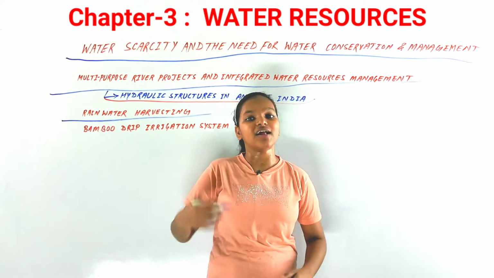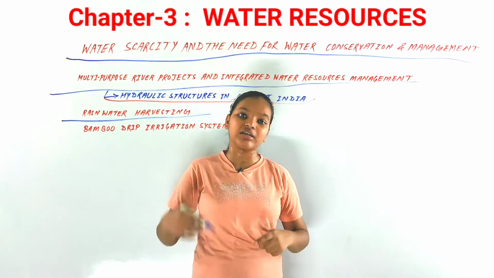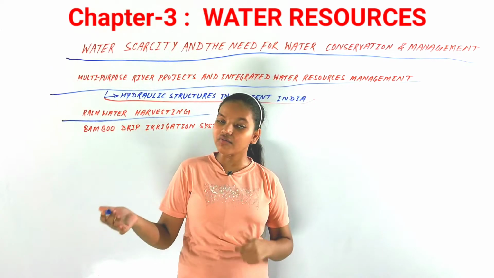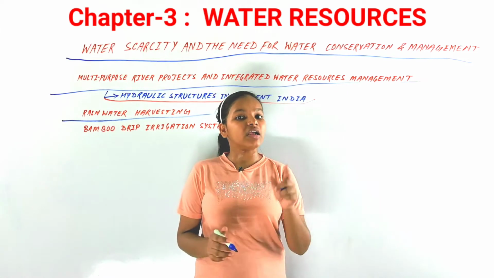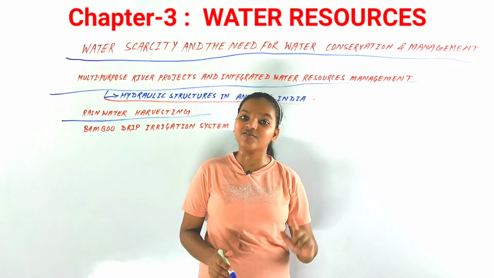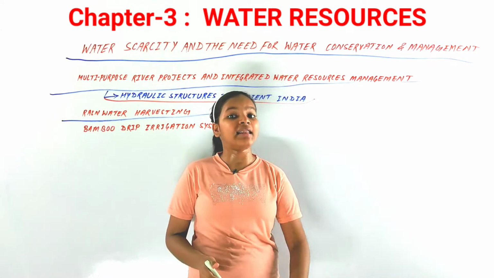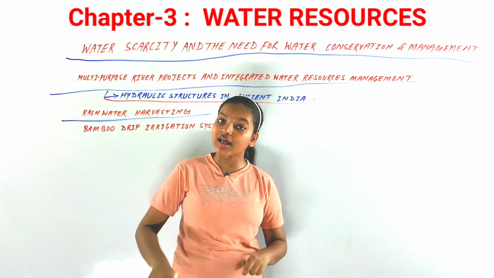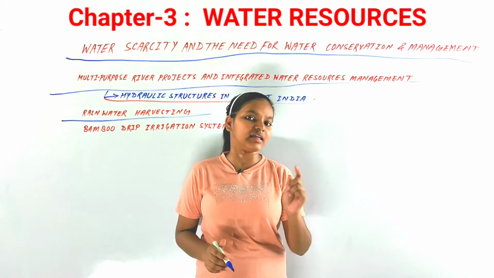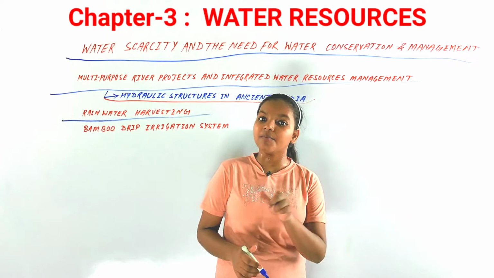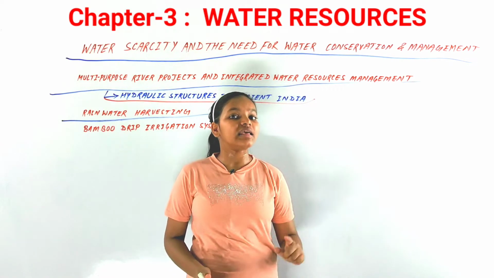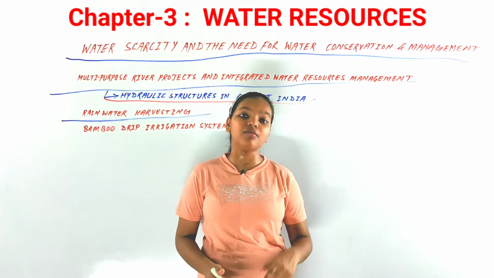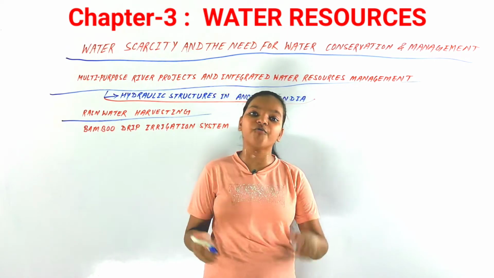In Rajasthan there are many tanks, or tankas as we call them in those regions, for collecting rainwater, because rainwater is considered the purest form of natural water, and in those areas it is also known as palar pani. Pani in Hindi means water, so palar pani stands for rainwater.